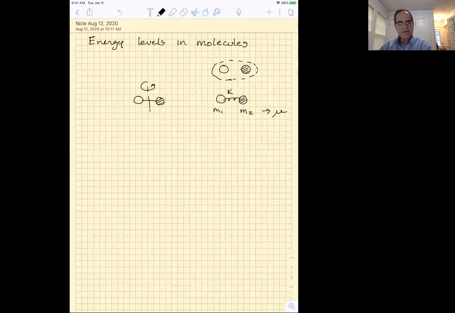And then the system can have rotational kinetic energy. Okay? So we can get expressions for vibrational and rotational energy, which look like this.